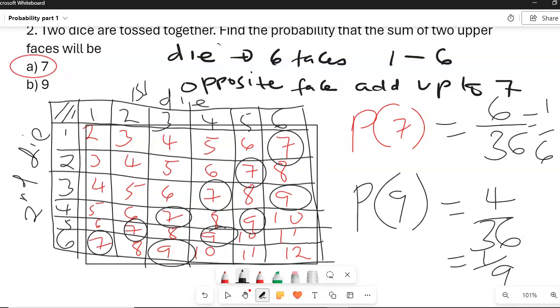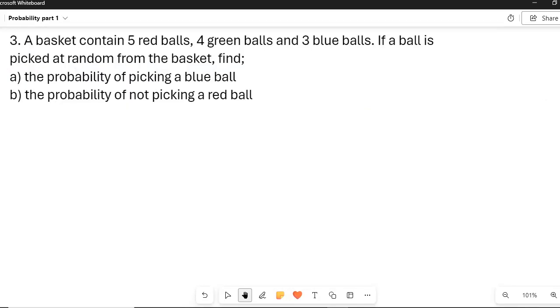Let's look at the last question. In this case we have a basket that contains 5 red balls, 4 green balls, and 3 blue balls. If a ball is picked at random from the basket, find the probability of picking a blue ball, and then part B, the probability of not picking a red ball.